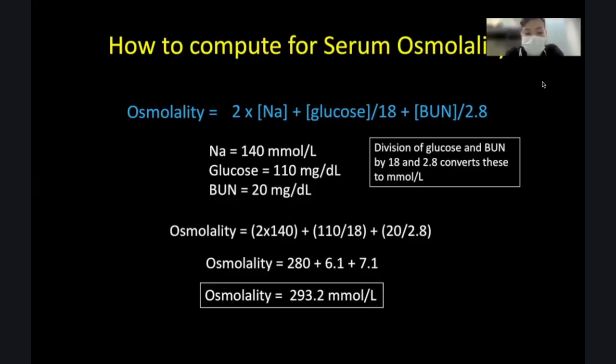As we all know, the normal serum osmolality is around 290 to 310 millimoles per liter. So that's the normal value. Later on, this value will be our reference to say if a fluid is hypoosmolar or hyperosmolar.